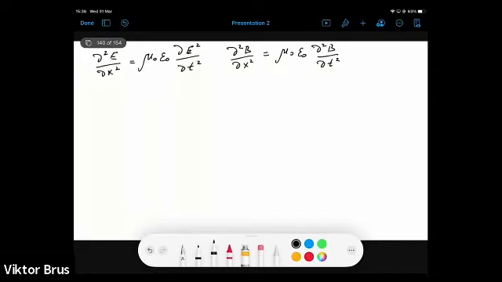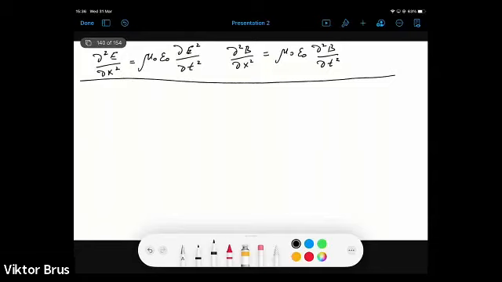Okay, so we have these two equations, and if you recall our previous course, Physics 1, we considered this similar type of equations for mechanical oscillations. So this is the so-called general wave equation.